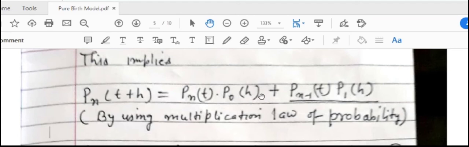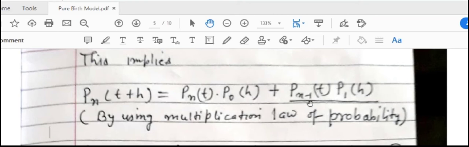In case of a compound event, the probability of AB is equal to probability A times probability B when they are independent. These are the basic formulas of probability which have been applied here. So probability this into probability this.